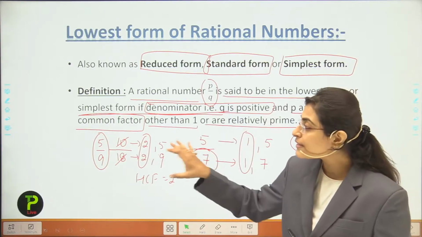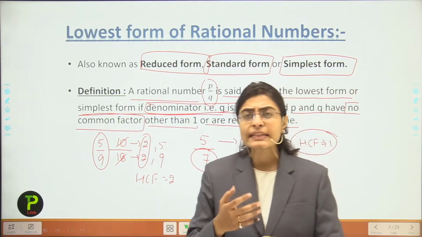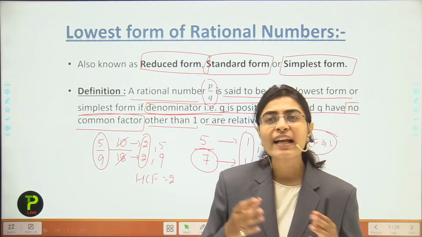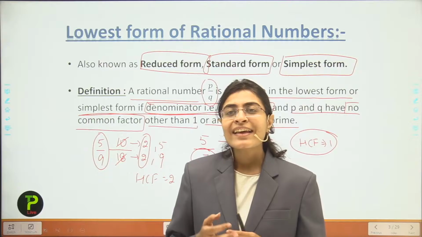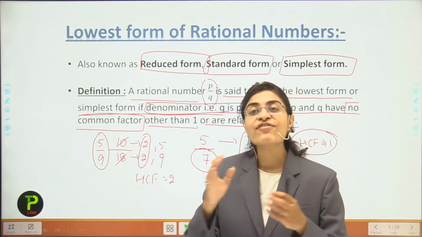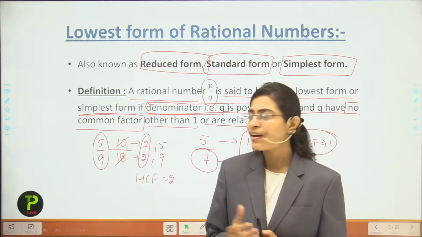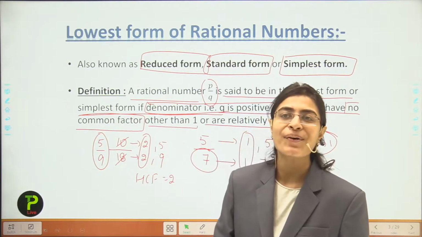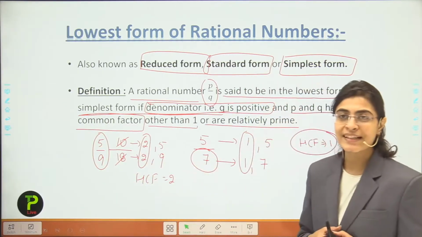Just start cutting numerator and denominator with common tables in which they come together, until they can't be further cut. So 5 by 9 is the standard form. I hope this example is clear to you.